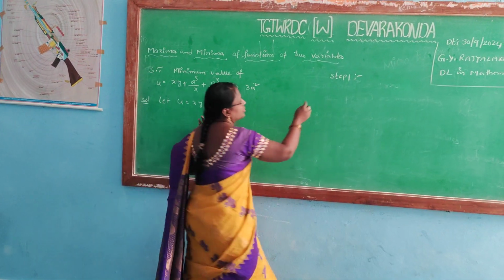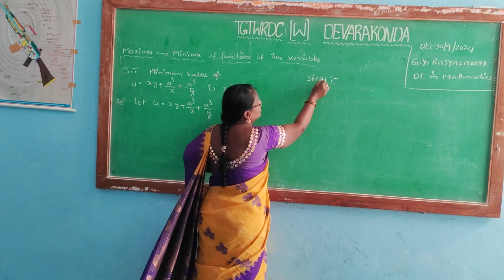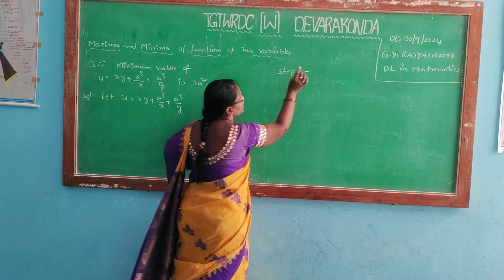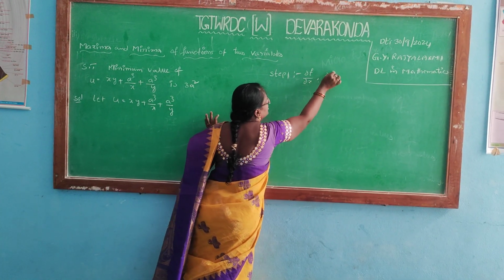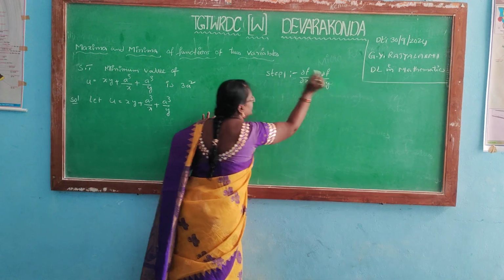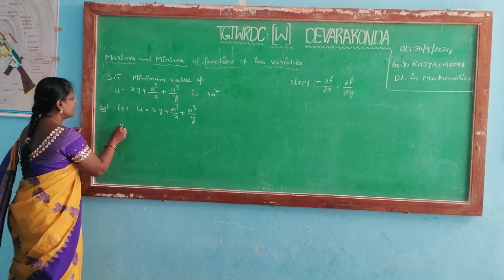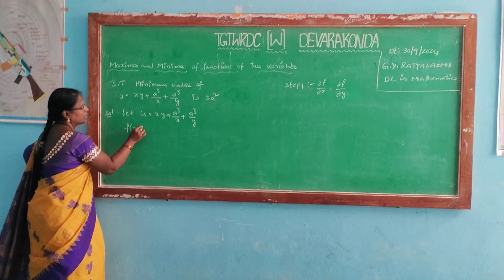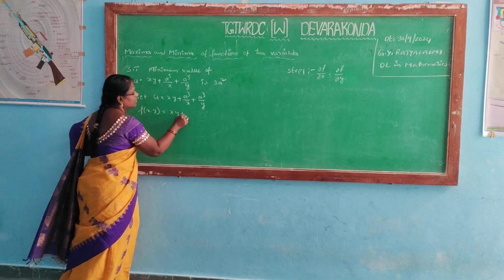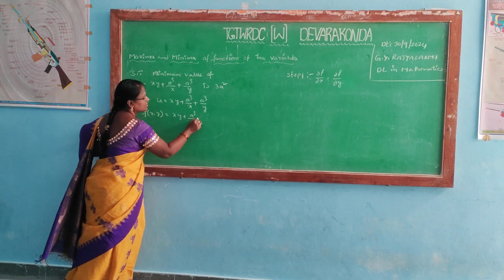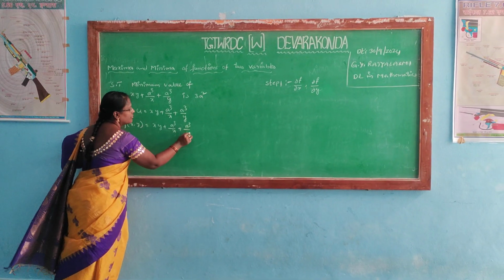Already we know what the steps are. So the first step is we have to find the derivatives with respect to x and with respect to y. So the function f of x comma y equal to xy plus a cube by x plus a cube by y.